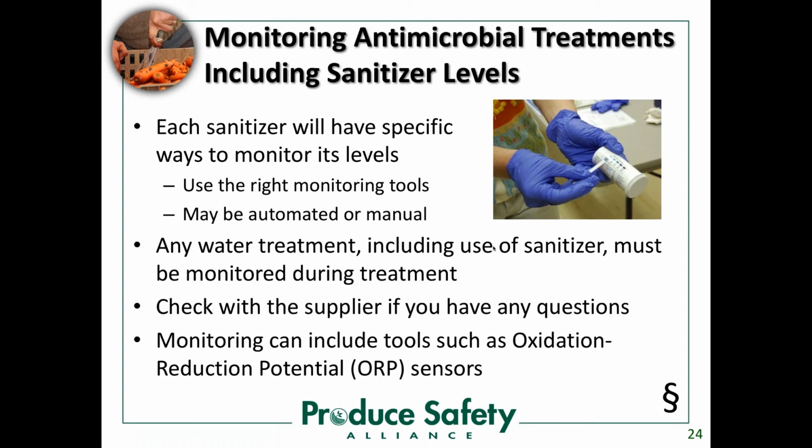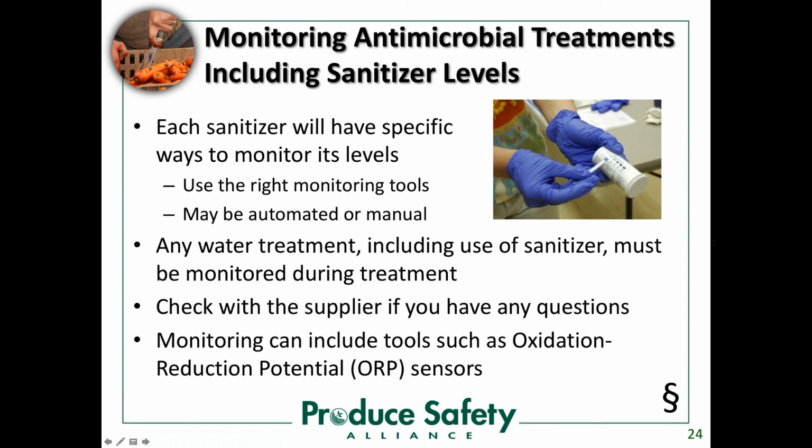We have to monitor these antimicrobials and sanitizers. Anytime you use any of these things, you have to monitor them and check with the supplier. They have all different kinds of monitoring tools. One of them is mentioned here, the Oxidation Reduction Potential Sensor. So get these monitoring tools, learn how to use them, and employ them as recommended by the person or the firm manufacturing your sanitizer.